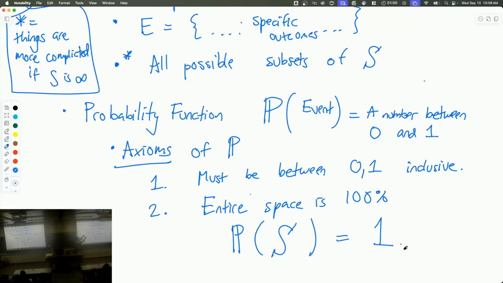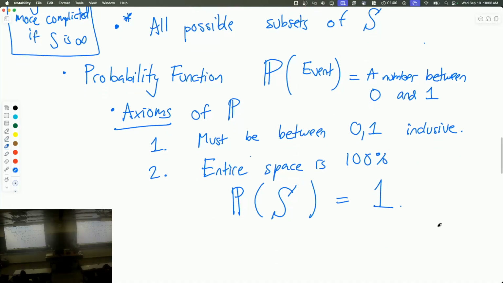The chance that something in your sample space happens always has to be 100%. You cannot have part of the sample space only add up to 50% or something. That would not be a proper probability space. This is sometimes called normalization, and it is used all the time to do calculations. OK, that one's pretty simple.